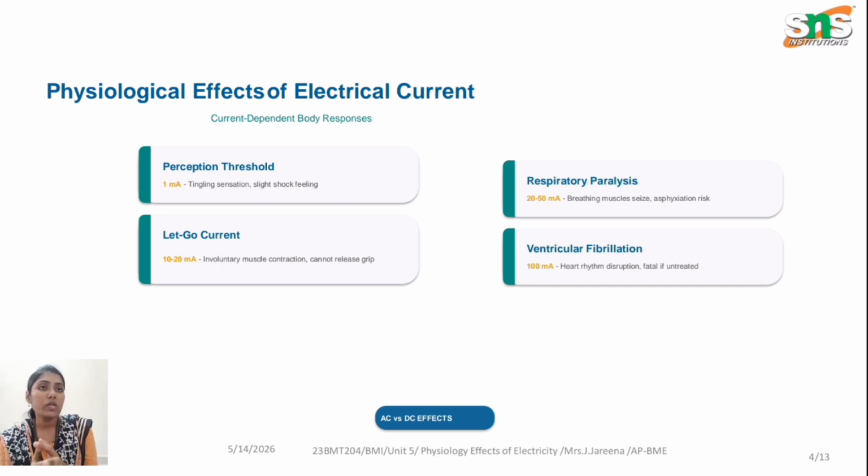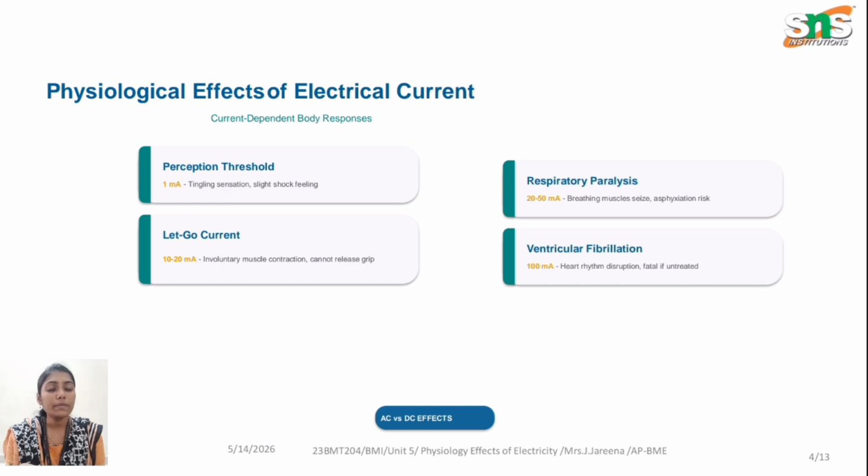From the name itself you can easily guess it, right? Respiratory paralysis is when a current in the range of 25 to 50 milliamperes is passed into the body, it will make the breathing stop. The breathing muscles are not able to contract, so they freeze. That is the reason the patient becomes paralyzed in respiration.